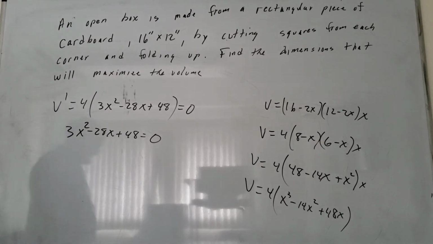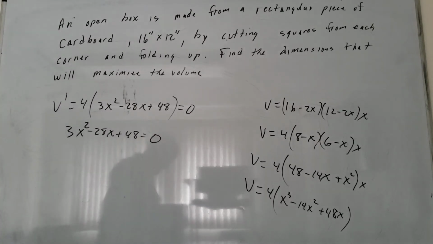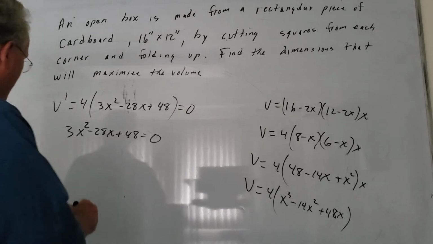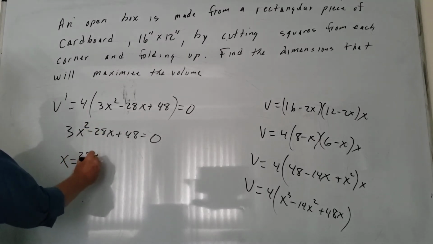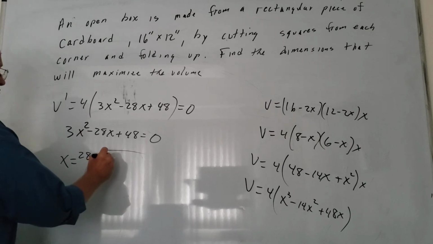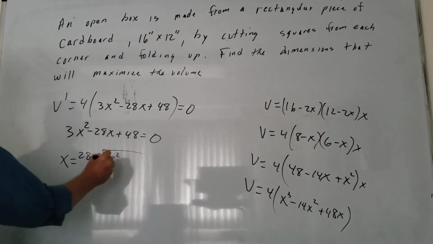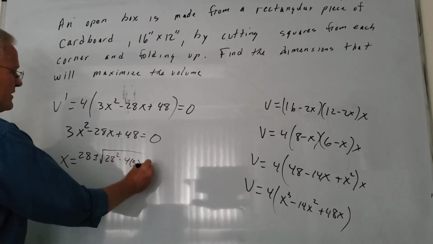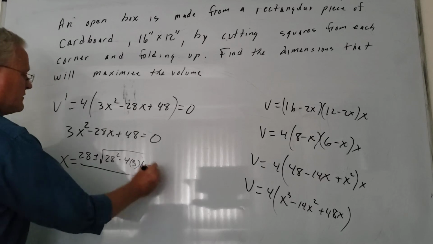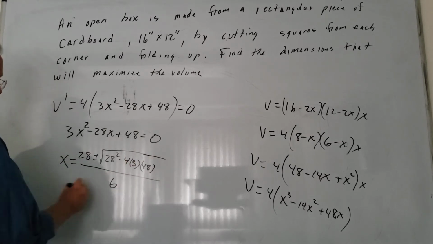All right, so let's see. Does this easily factor? I do not believe it does, so let's use the quadratic formula. So x is equal to the opposite of negative 28, which is 28, plus or minus the square root of negative 28 squared, but it's going to be positive, minus 4 times 3 times 48, all over 2 times 3, which is 6.